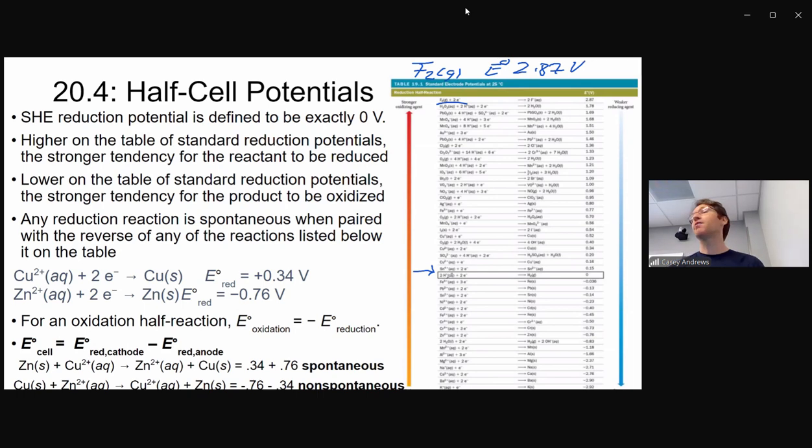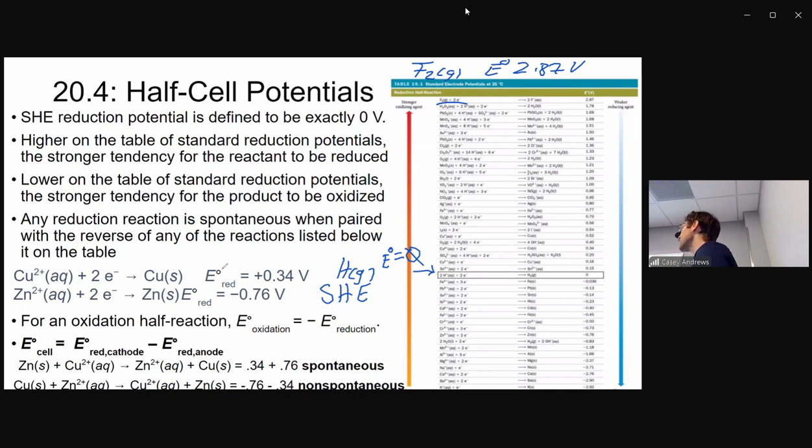Here we have one boxed in. This is hydrogen gas. So if you're using a voltaic cell that uses hydrogen, the energy you would use for that is 0. This actually gets a specific name. Hydrogen is called the SHE, or the standard hydrogen electrode. So SHE stands for standard hydrogen electrode.